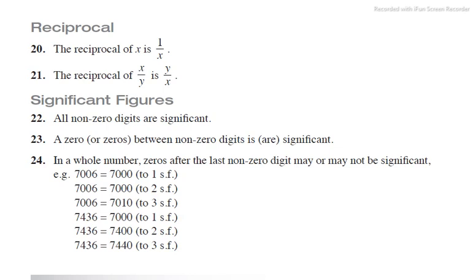In writing 7,000, we are considering only 7 as the significant figure. The other zeros are not significant, and we call such zeros trailing zeros, the zeros that come last in a number. So here we are not considering them to be significant.